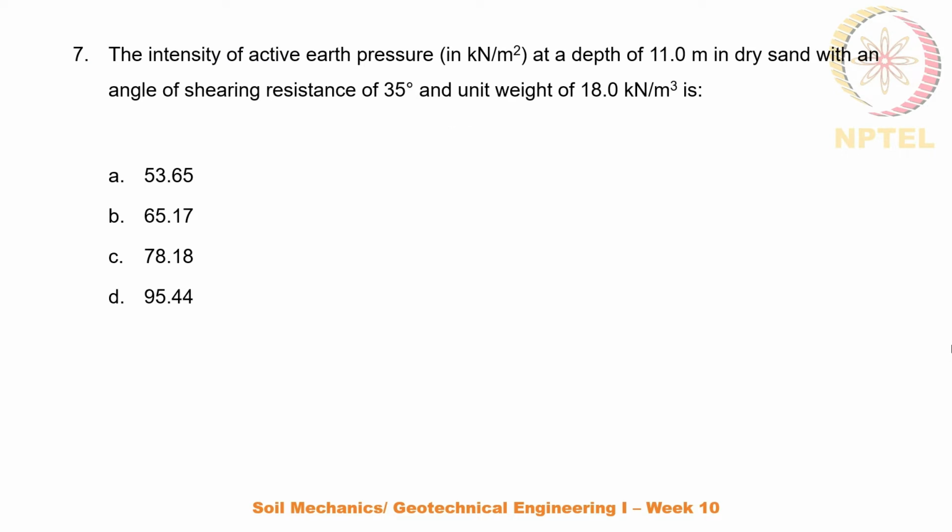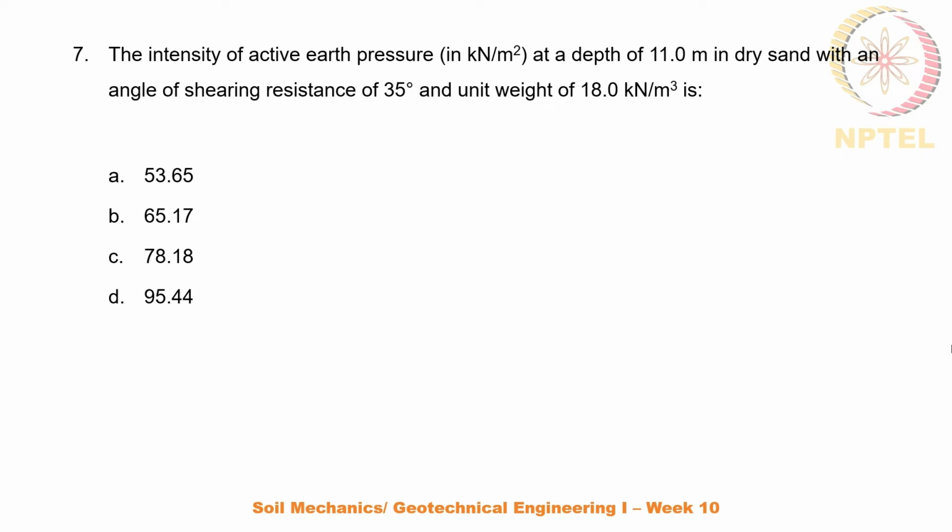The intensity of active earth pressure at a depth of 11 meter in dry sand with an angle of shearing resistance of 35 degrees and unit weight of 18 kilonewton per meter cube is: So we are given a soil sample of dry sand with angle of shearing resistance 35 degree and unit weight 18 kilonewton per meter cube.